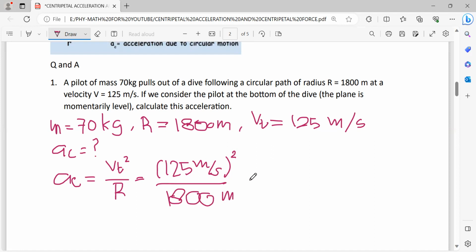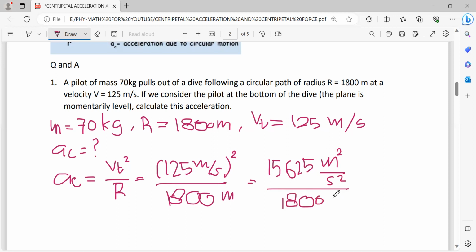How much is it? It's going to be 15,625 meter squared over second squared, over 1,800 meters.